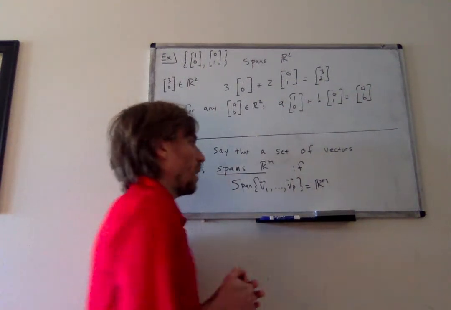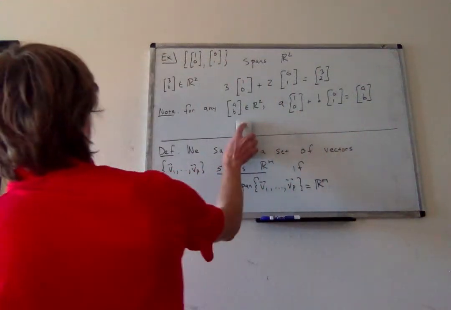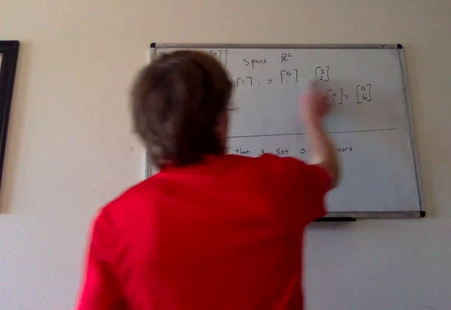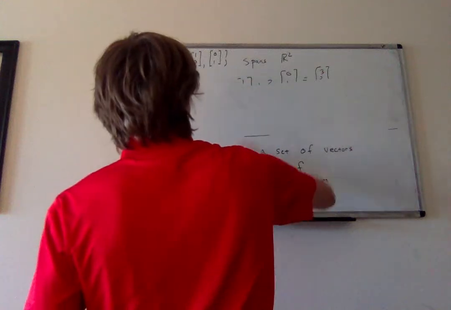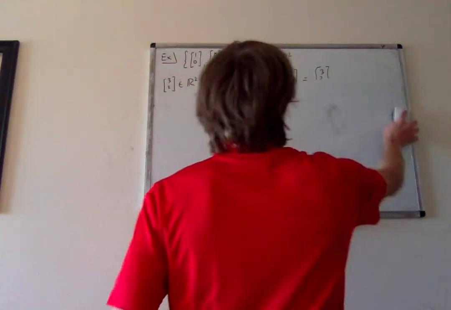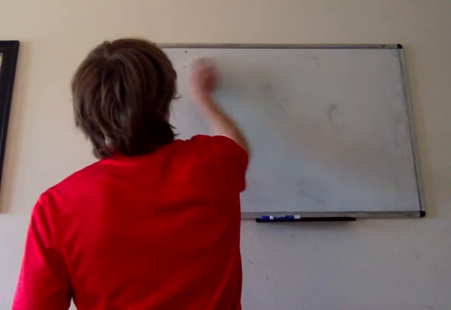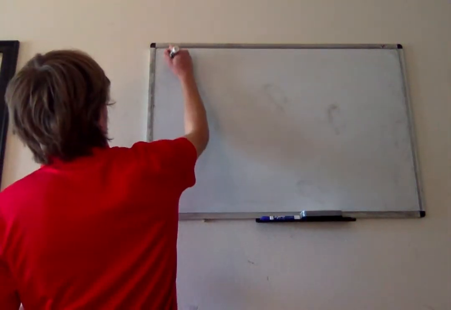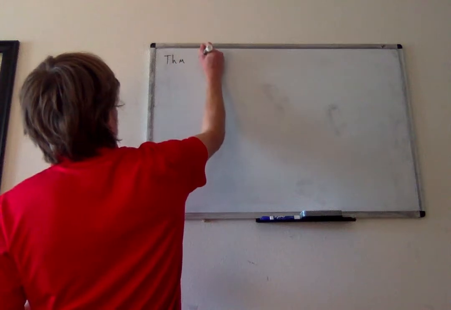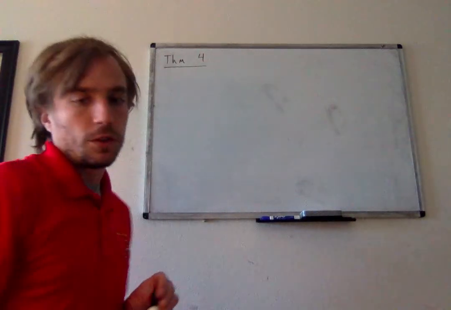So we will use this definition in stating theorem 4, which we will conclude the video with, which will give us a nice way to tie together a lot of the things we have learned so far.